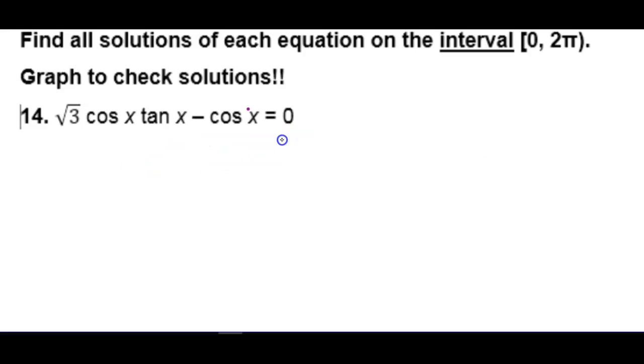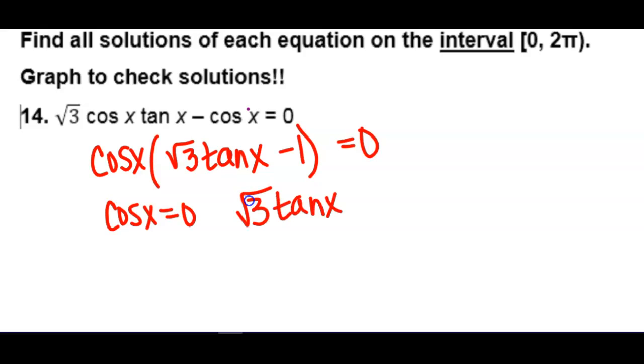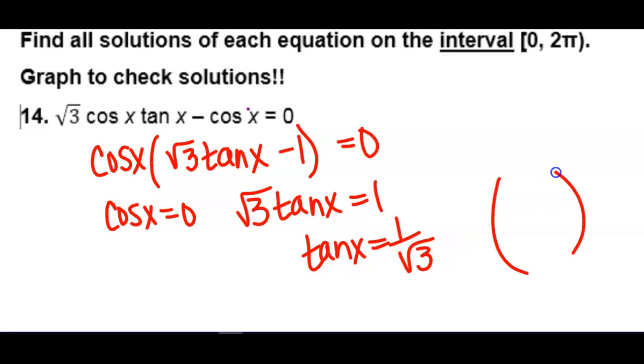And last but not least, just one more quick review where you take out a cosine of x. But this is an icky one again because it has a tangent. So the cosine is 0, or square root of 3 tan x equals 1, or tan x equals 1 over square root of 3, which rationalizes, but it doesn't really matter. We're using this.